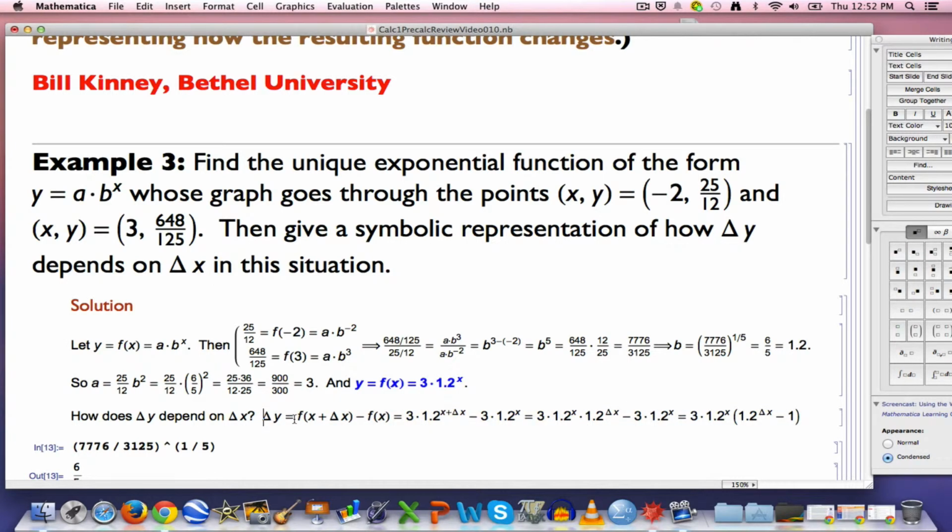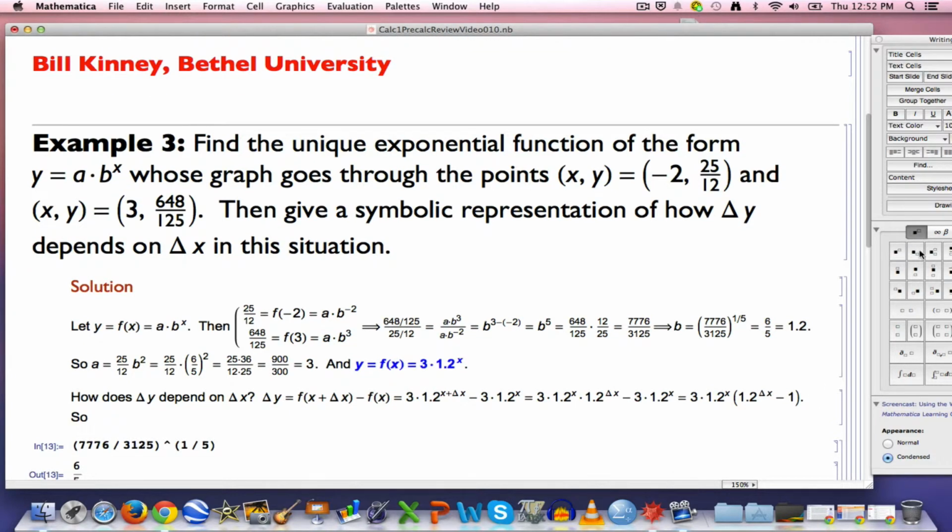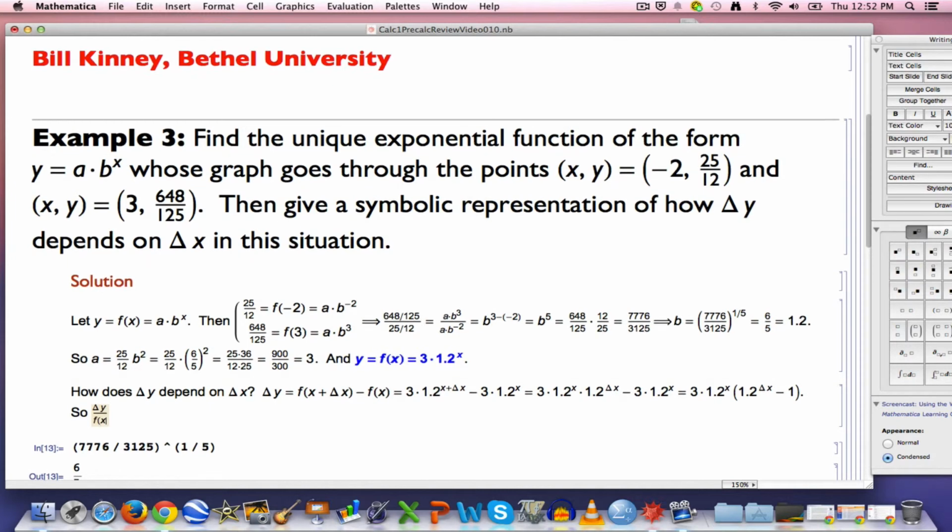So delta y depends on delta x in kind of a complicated way, and not only does it depend on delta x, it also depends on x itself. Is there any way to make sense out of this? Well, in the last minute or so here of this video, I want to start getting you thinking about the right way to make sense out of this. What I want you to do is think about the fraction delta y over f of x.